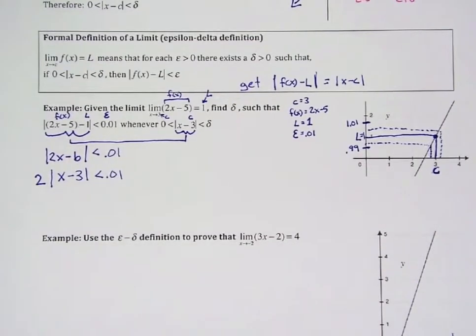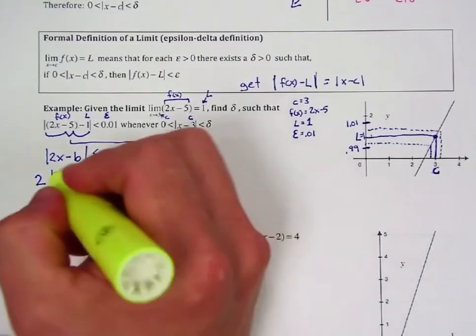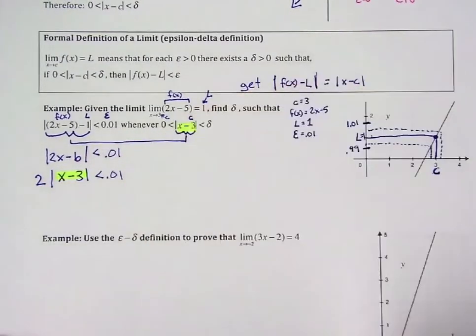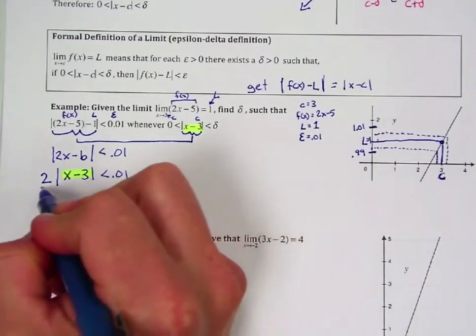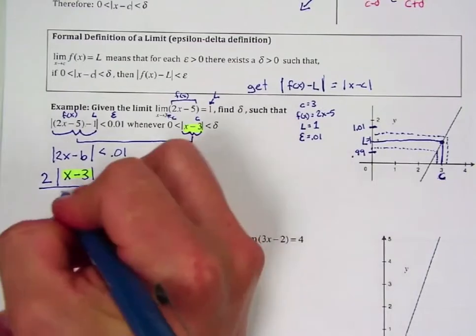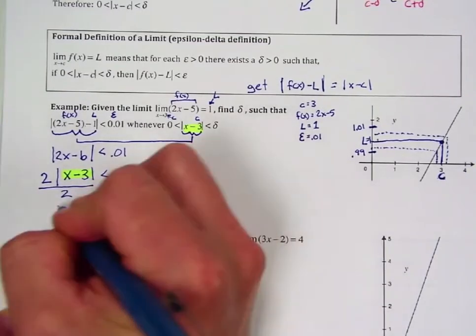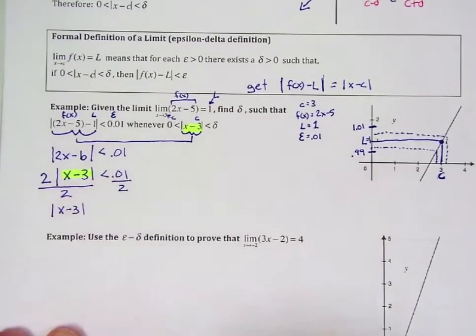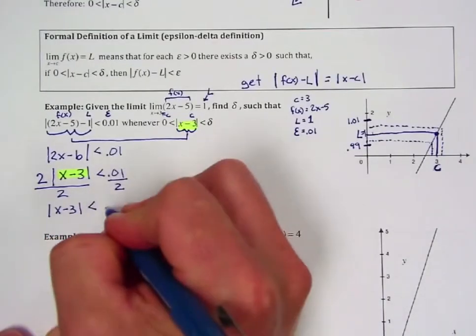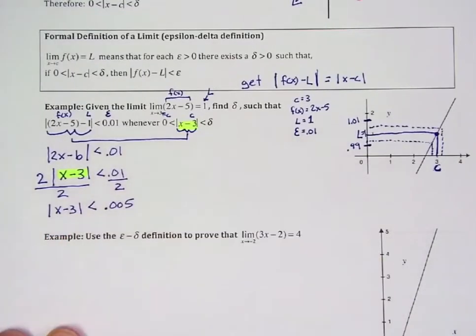Now, hopefully, at this point, you can see that the x minus 3 and the x minus 3 in absolute value are the same. Okay, so that's what we want to do. Now we want to just go ahead and get the absolute value of x minus 3 by itself by dividing by 2. So we're going to say the absolute value of x minus 3 is less than 0.005. So that's 0.01 divided by 2.